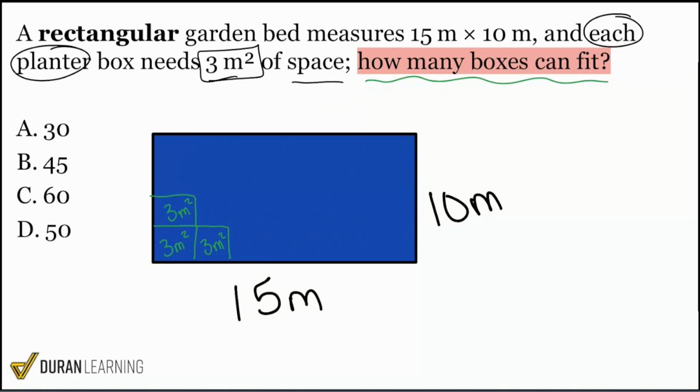So what is it that we're doing here? We are going to take the area of the garden and we are going to divide it by the area of the planter box. That's what we're trying to do. Because if we are able to divide the entire area by the area of each planter box, we're going to figure out how many planter boxes we can fit in the entire garden.